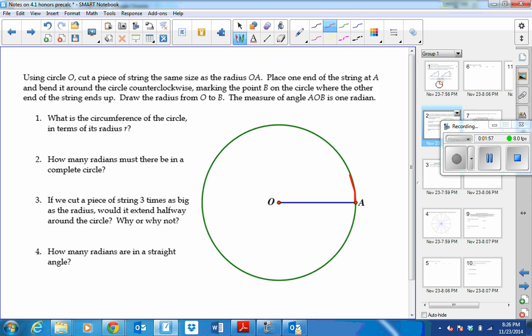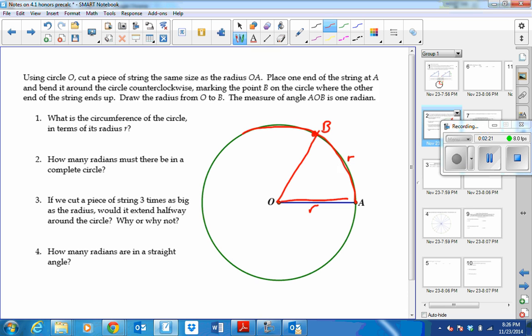So if I start going around this circle, and obviously I'm estimating this, but I say this has the same length as the radius, then I'm going to mark that as B. And so arc AB is now 1 radian. And so what is the circumference of the circle in terms of its radius?